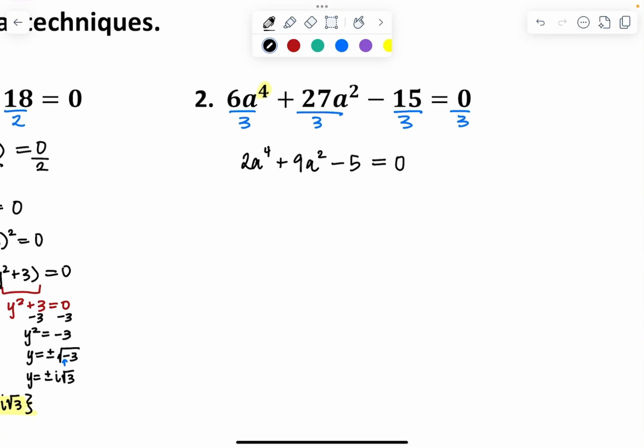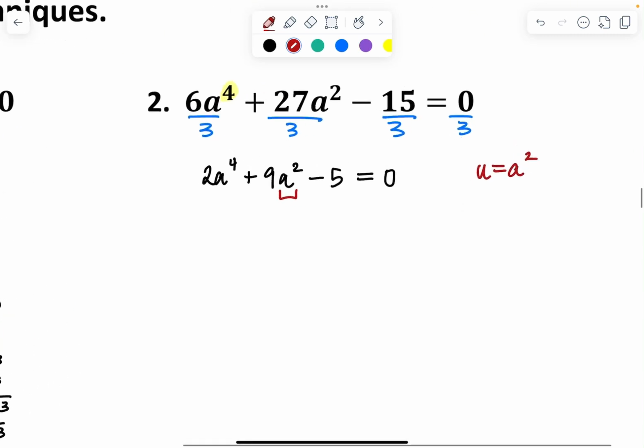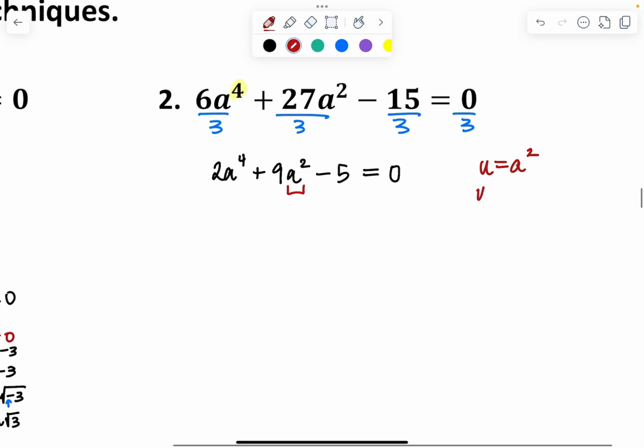Okay, and so here we're dealing with a degree 4 trinomial. There's 3 terms, and so we can factor it like we would a quadratic if we let the variable u equal a squared, because then u squared would be a to the 4th.